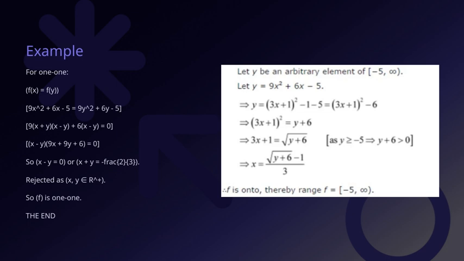Simplifying this, we arrived at 9 times the sum of x and y times x minus y, plus 6 times x minus y, equals 0. When further simplified, this gives us 9x squared plus 6x minus 5 equals 9y squared plus 6y minus 5. Now, this is a crucial point because it shows that f(x) equals f(y), which is essential for establishing that the function is 1-to-1.